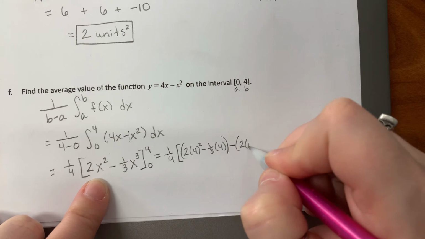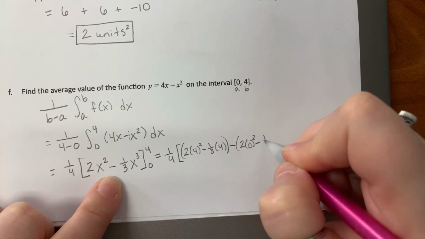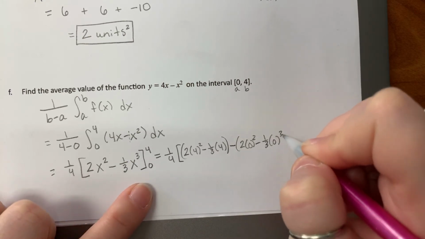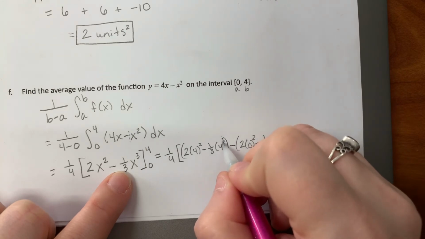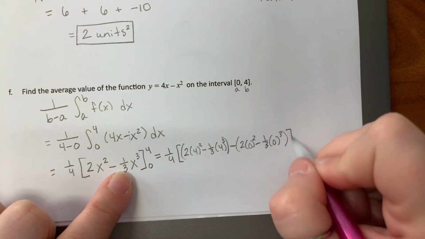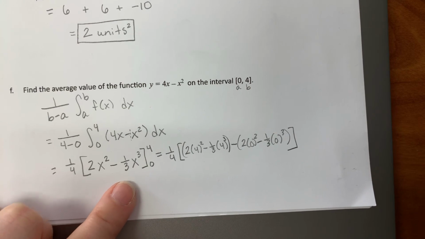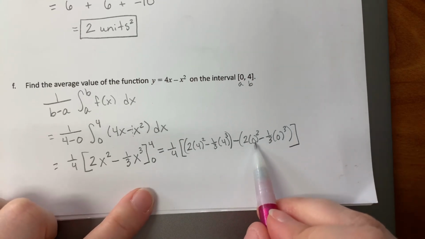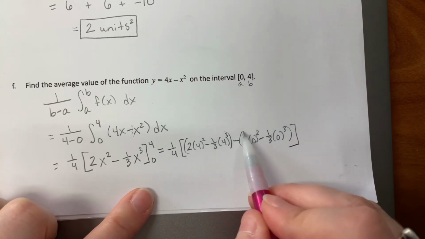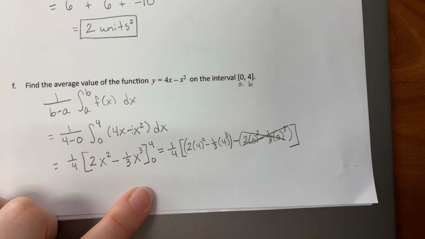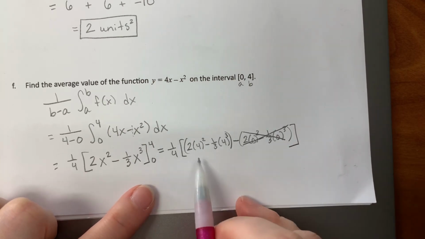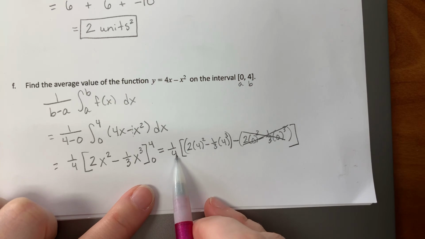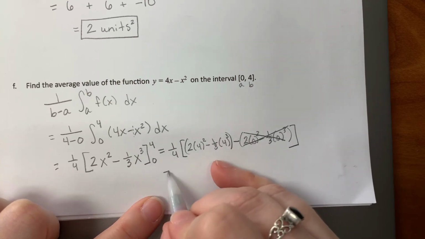So 2 times 0 squared minus 1/3 times 0 cubed. Oh, I didn't put cubed on the first one. Glad I caught that. Okay. So the good thing in this problem is this 0 and this 0 make this whole thing just cancel out. That's all just 0. So I really just have to figure this one out and then multiply it by 1/4 or divide it by 4.